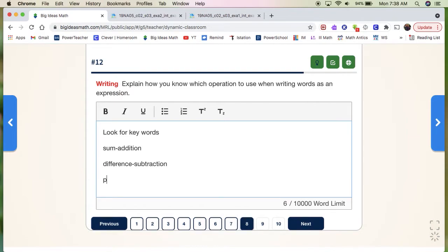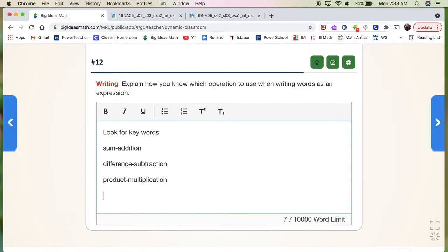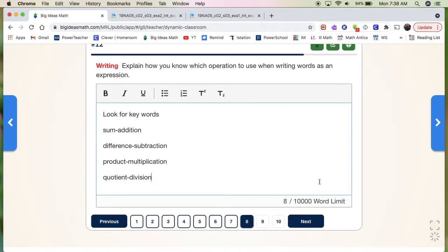If it says product, we're talking about multiplication. If it says the quotient, we're talking about division. There are other keywords, but those are some of the basic ones that go with operations. Again, you can stop this if you need to.